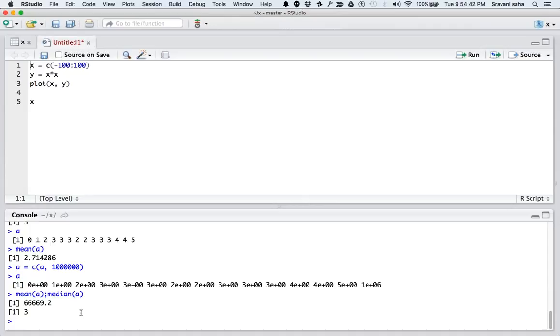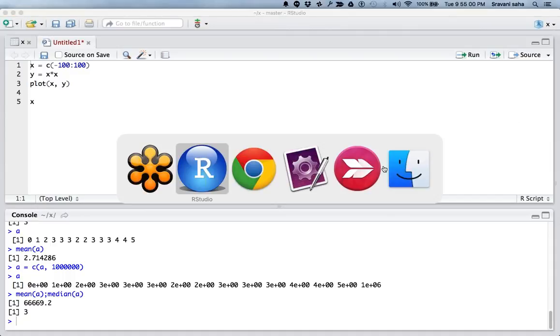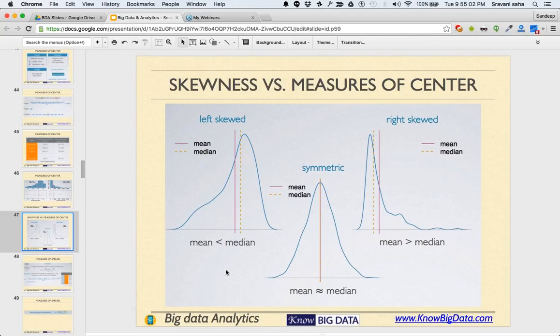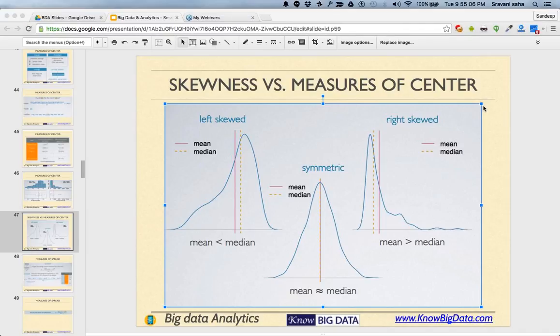It changed the mean, but it did not impact the median. So median is a fairly stable measure of center. It's quite stable to these outliers. Good. Just that for median, you should have good enough data points. Otherwise, median will give you very wrong results.